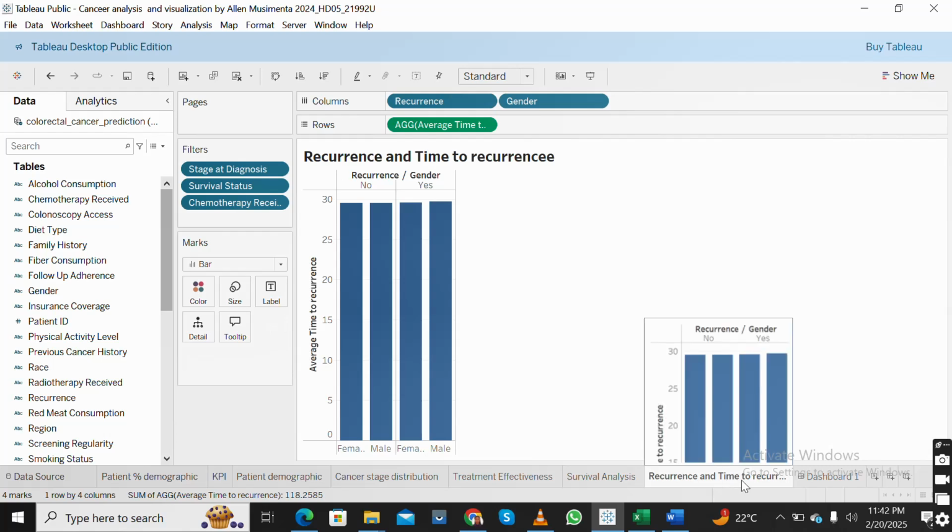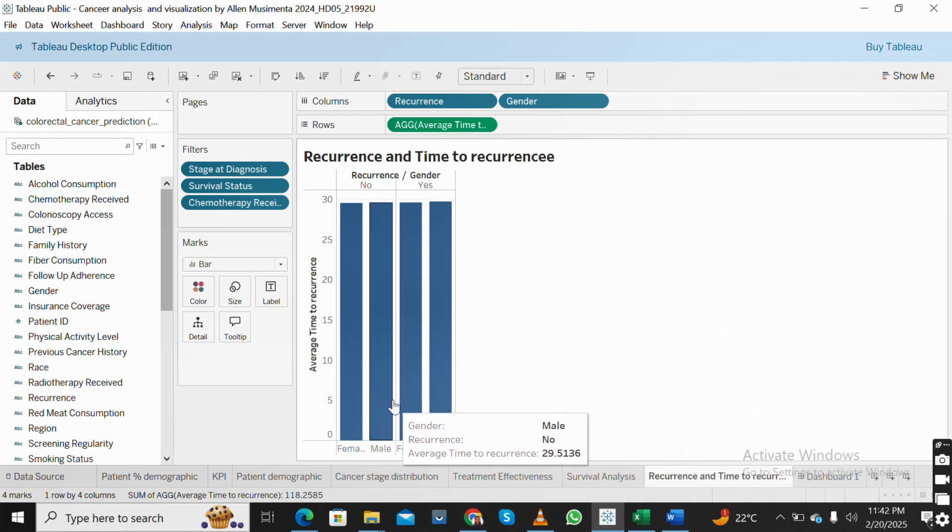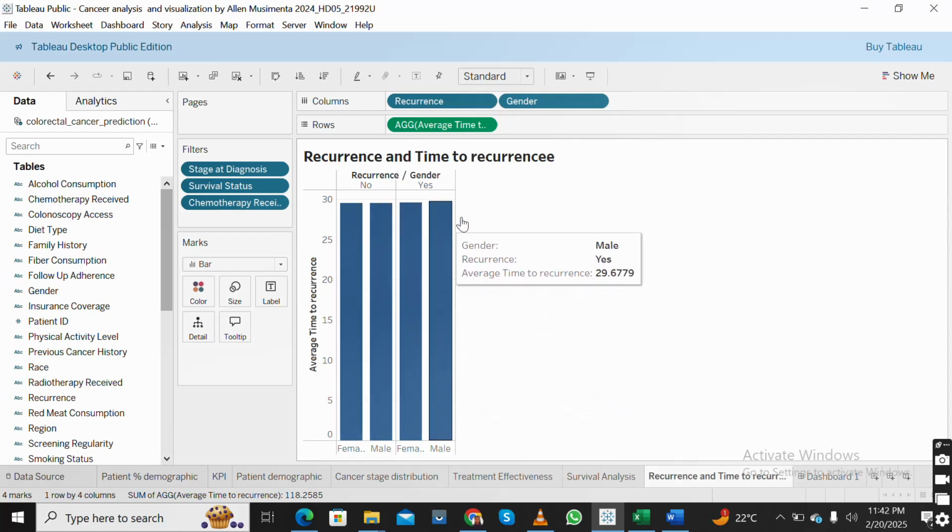Recurrences and time to recur. We are here looking at the female and male, and we're looking at the recurrences. Those that recur, no or yes.